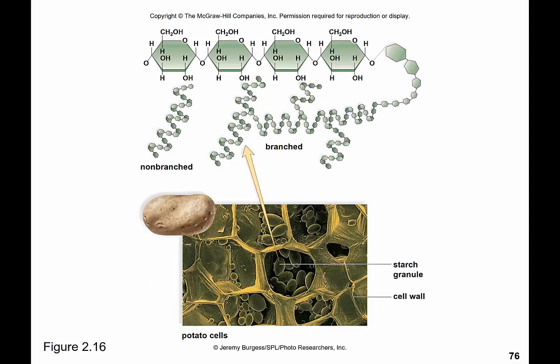If we're looking at the structure of starch, something like a potato that's starchy, and within these cell walls, we look at a starch granule, and this is an artist's representation of what starch looks like. So we have these monosaccharide monomers joined together in these long chains, each of these hexagons representing a glucose subunit, and you can see how they become branched.